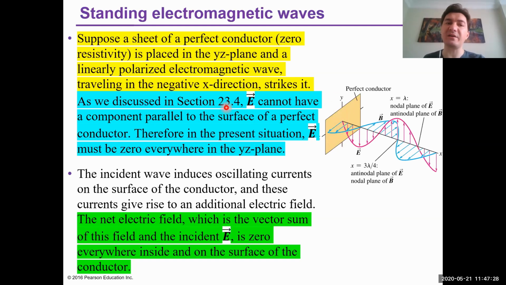We discussed this in chapter 23, you can check it. So on the surface and also inside the conductor, the electric field will be zero.